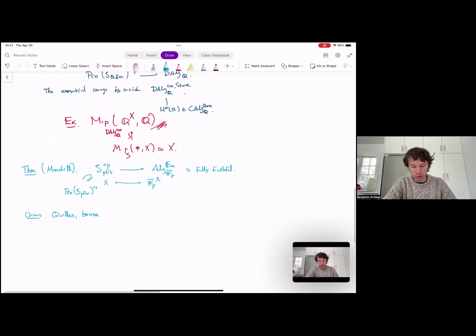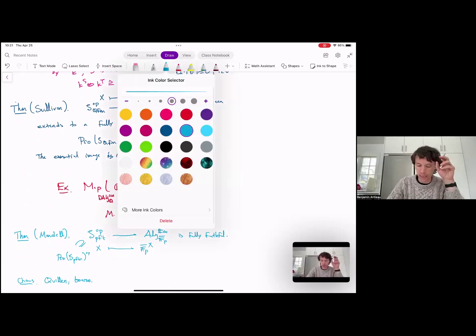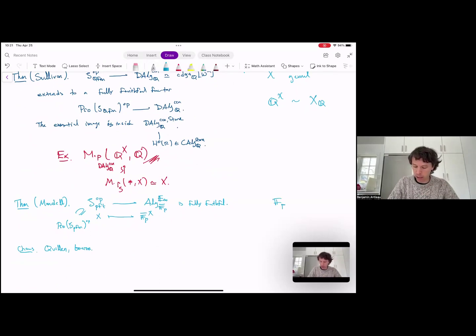If you take a general space X, with some reasonable finiteness properties, then the Q cochain algebra should remember the Q localization of X, or the Q completion of X. And here, in the Mandell sense, F_p-bar cohomology of X should remember the p-adic completion of X in the sense of Bousfield and Kan. And of course, we don't want to just remember the rational or the p-adic homotopy type. We would be interested in recovering the full integral homotopy type.